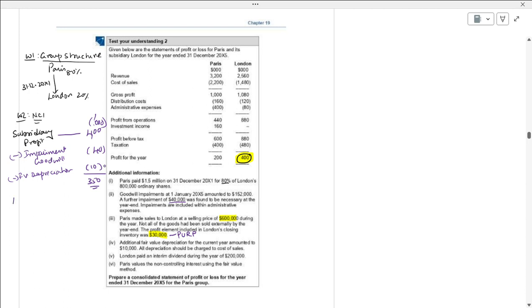NCI share is only 20%. How much is 20% of 350? That is 70.